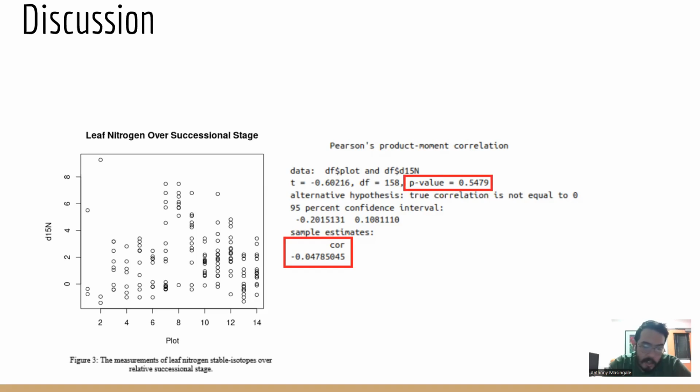Additionally, research has shown that the leaf nitrogen stable isotope is strongly correlational to bacterial communities' proliferation, suggesting that some factors affected the outcome of not having increasing stable isotope measurements.